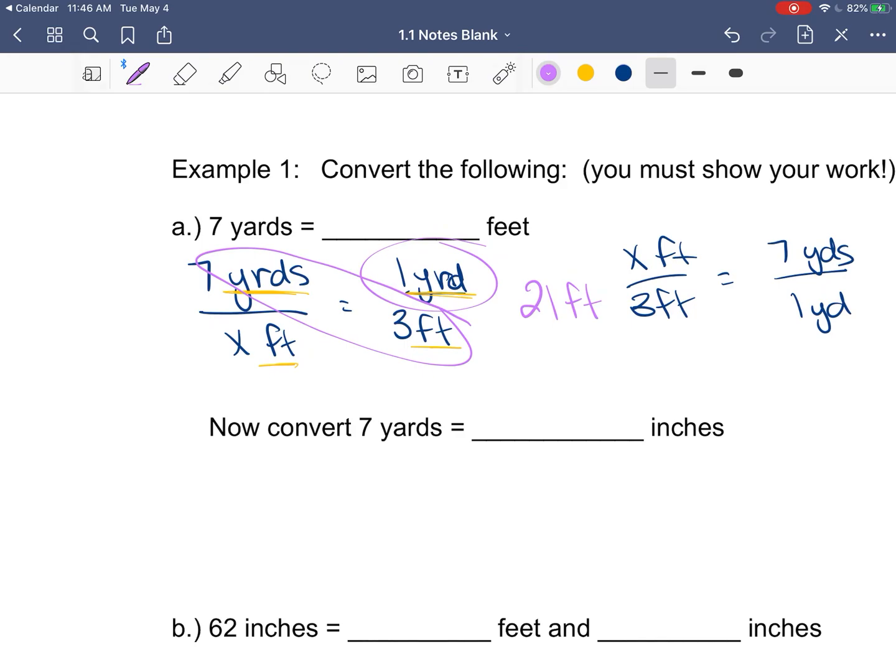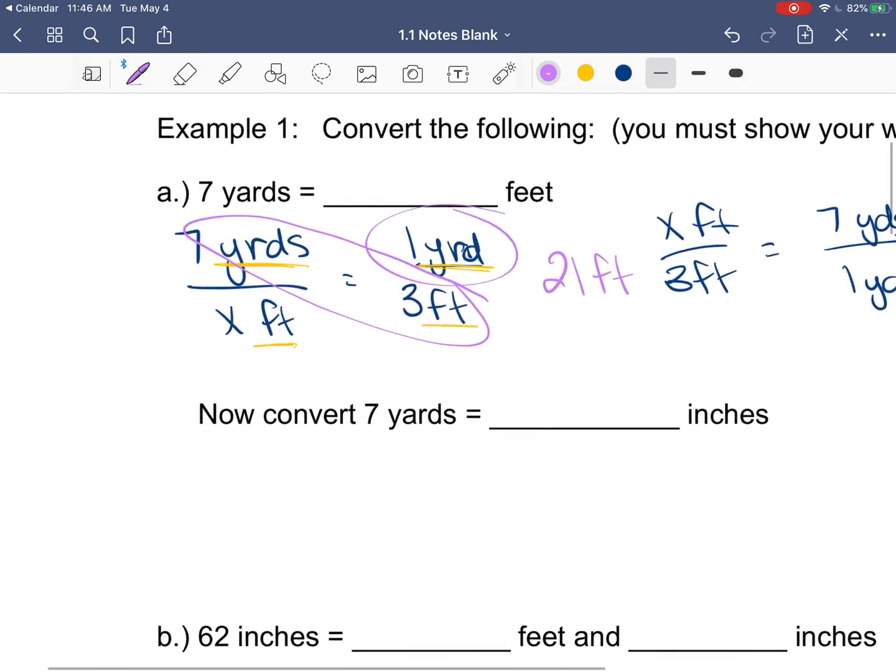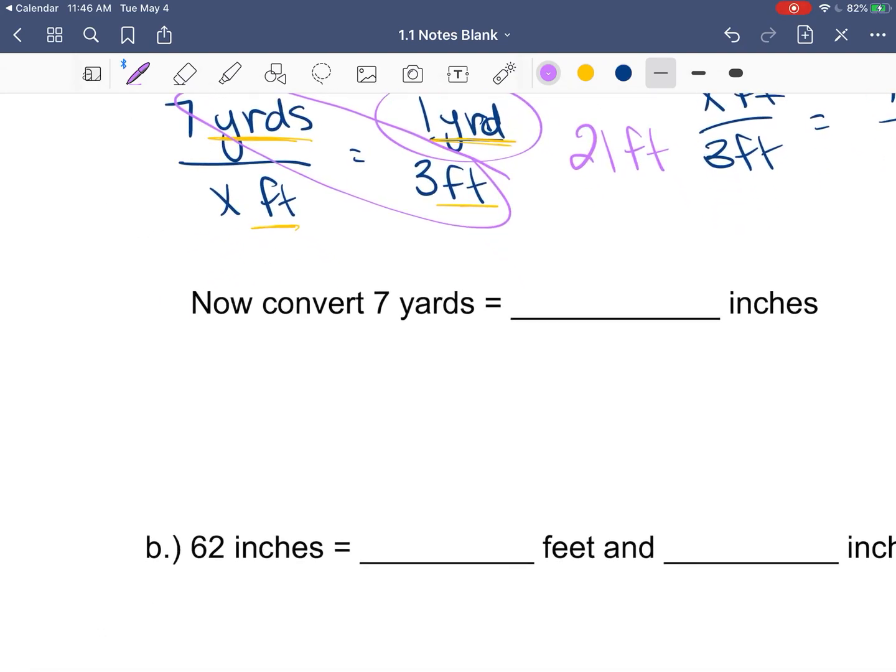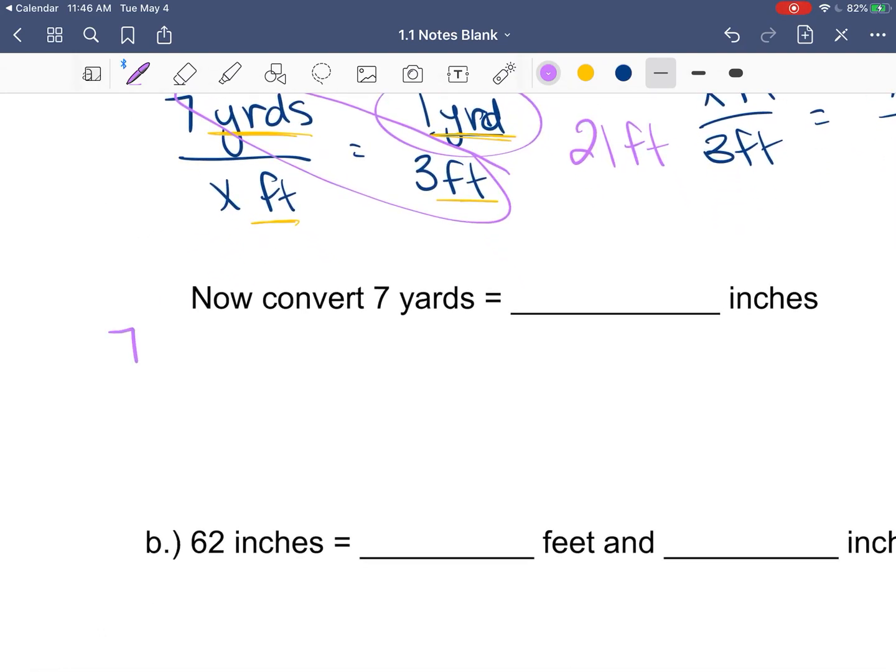So we want to convert yards to inches. So another way you can also set up your proportion. If we have 7 yards and I want to know how many inches that is, I could say, okay, well, I know that there are 36 inches in 1 yard.